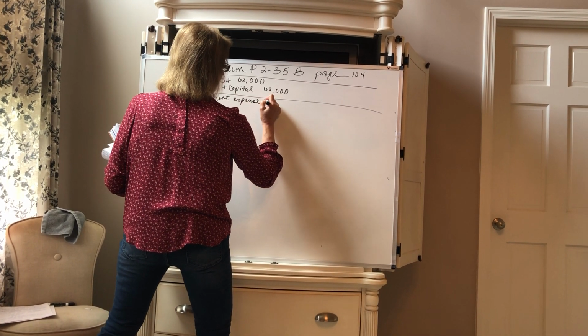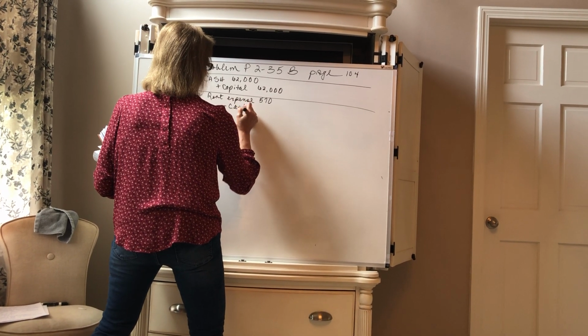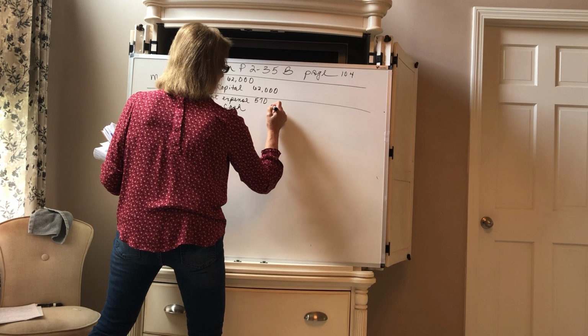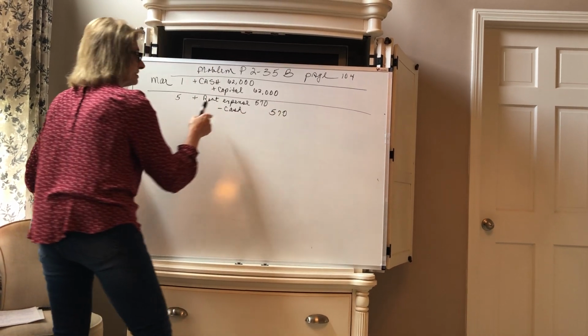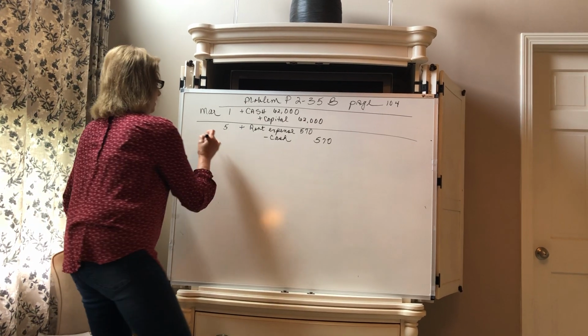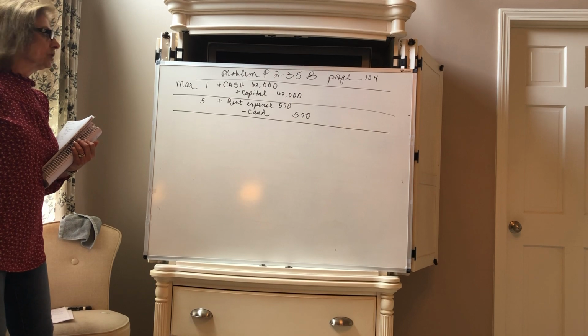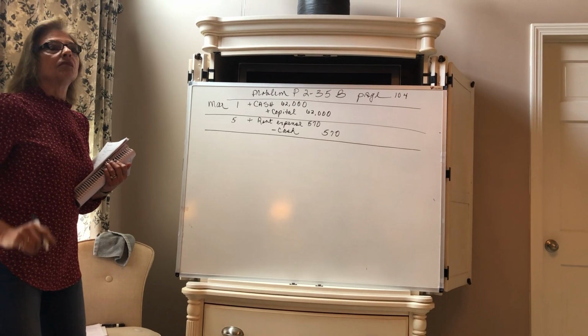for $570, and like I said before, it's easy to see when you pay cash that cash is coming down, and because it's an asset and it increases on the debit side, it decreases on the opposite, the credit side. I'm going to try to write as small as I can so I can fit them all.